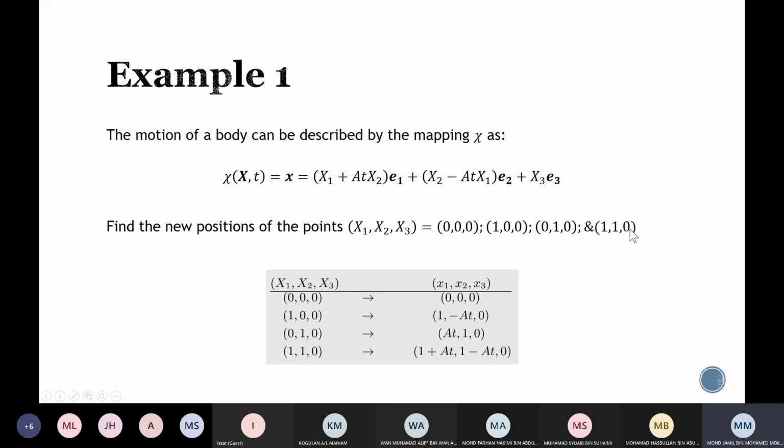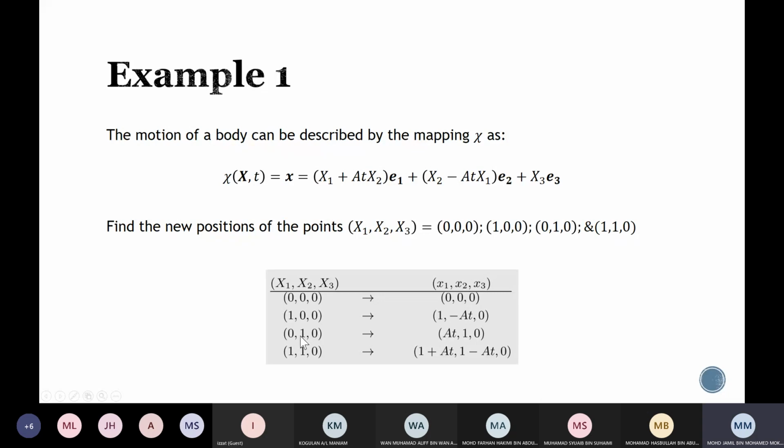What you can do is simple: you just substitute each point into the mapping chi. If you substitute 0, 0, 0, the new position becomes 0, 0, 0. It happens that the position does not change; it's the same position. But at point 1, 0, 0, the new location becomes 1, minus 80, 0, so it changes along the y-axis.